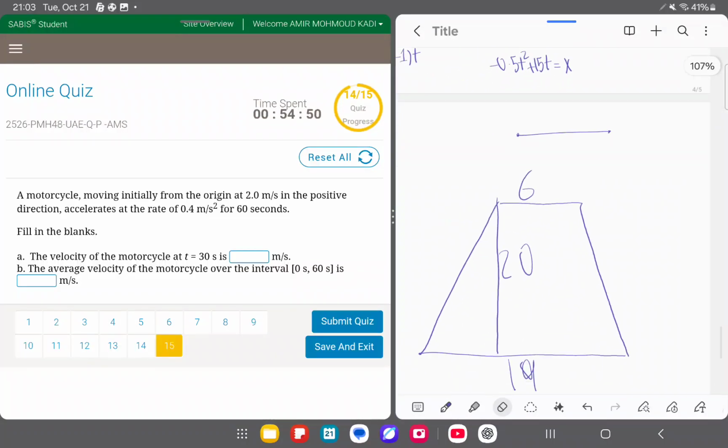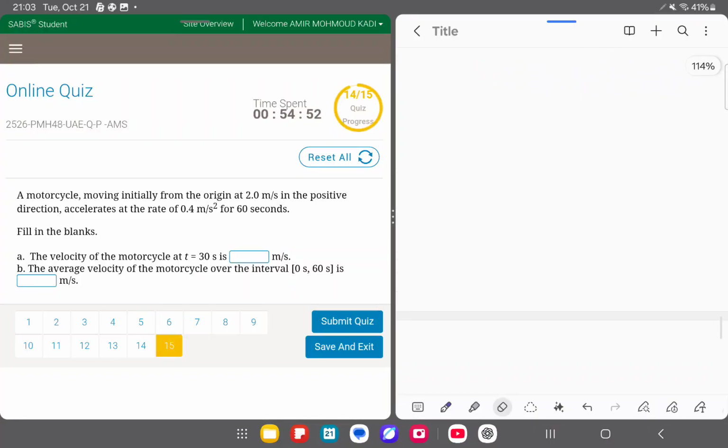Now, final question, we have the motorcycle moving initially from the origin at 2 meters per second. So V0 is equal to 2 meters per second, moving in the positive direction, so it stays positive.